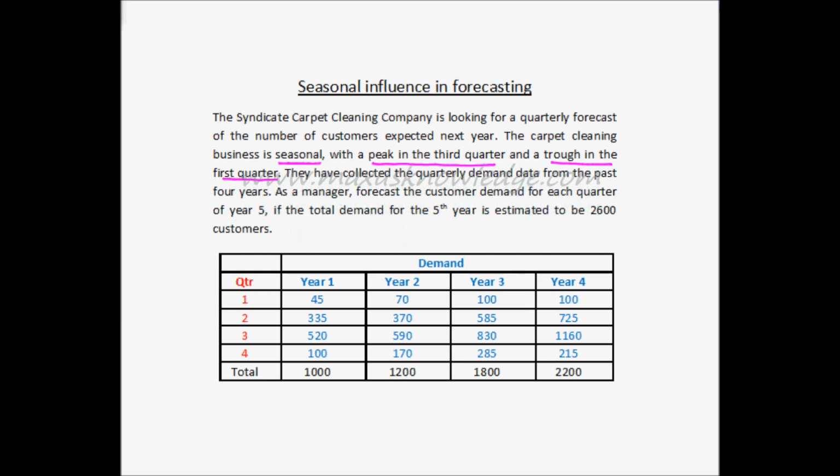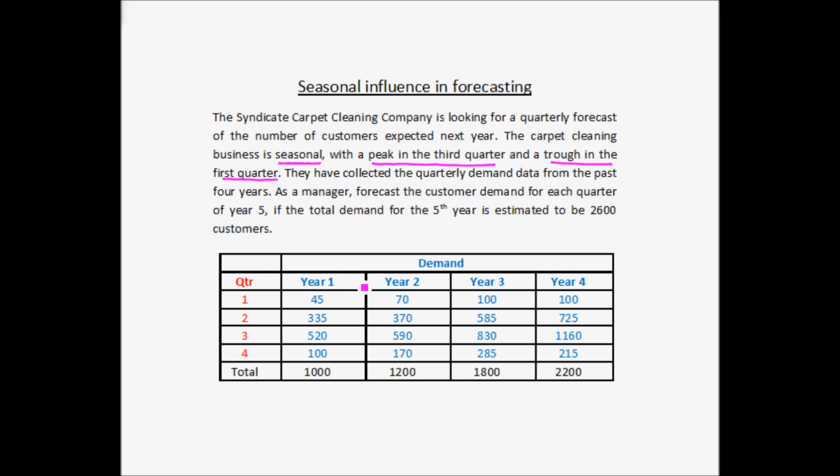They have collected the quarterly demand data from the past 4 years. Now, as a manager, forecast the customer demand for each quarter of year 5 if the total demand for the 5th year is estimated to be 2600 customers.